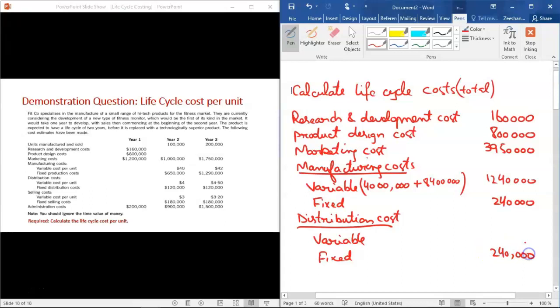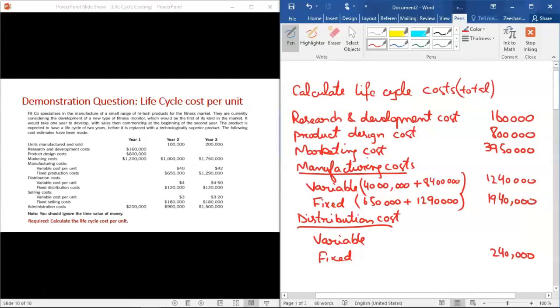I erroneously took this 240 in manufacturing cost as well. In case of manufacturing, this is 650 and 1290. So let me just correct that. 650,000 plus 1290,000. So total fixed production cost is 19,40,000 and distribution is 2,40,000.